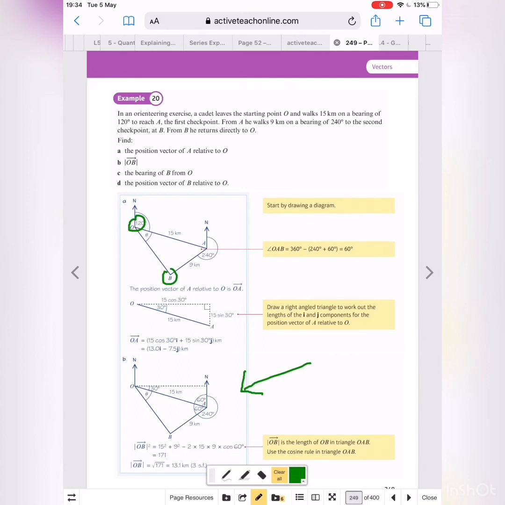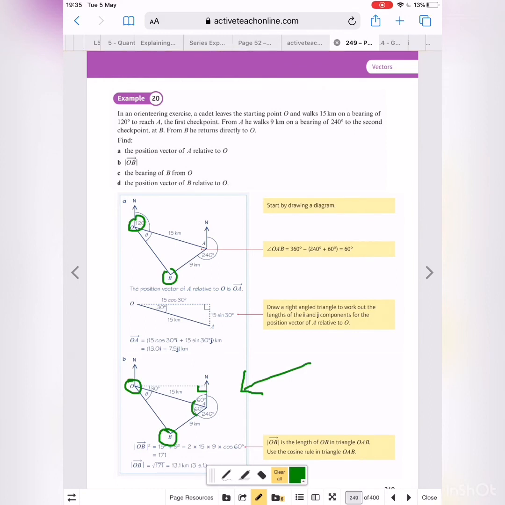We know that's 60. We know that there's a right angle. Because we want O to B, we need to do our cosine rule. Now you can get that this therefore equals 60.